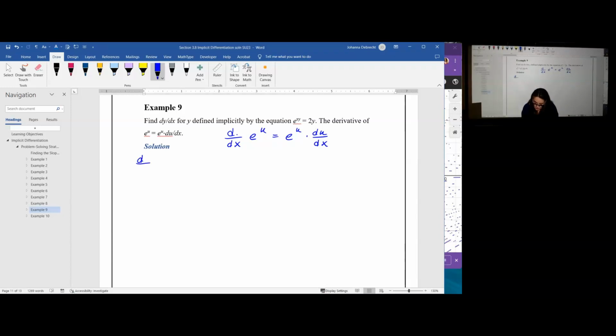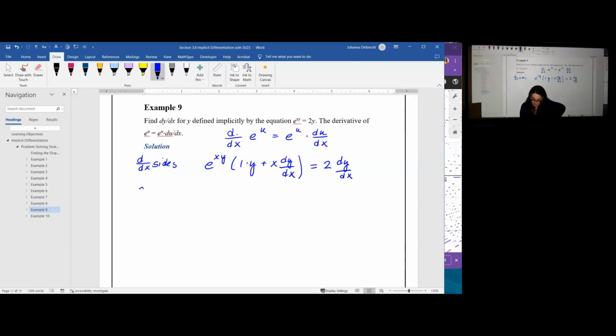When I take the derivative with respect to x of both sides, the derivative of e to the xy is e to the xy times the derivative of xy, which is 1 times y plus x dy/dx. On the right side, when I take the derivative of 2y, I have to invoke chain rule since y is an inside function. This gives me 2 dy/dx.